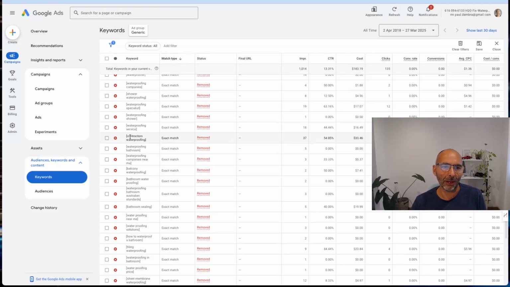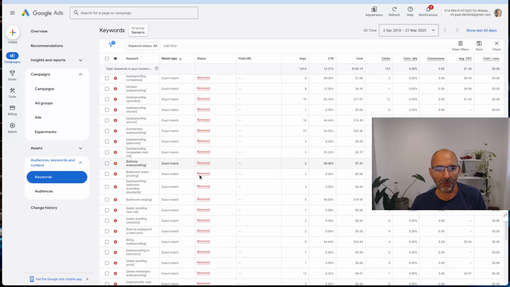And so the aim here is obviously to get a really high click rate. And you can see here, waterproofing contractors, we had a 50% click rate from the ad. So that's the combination of the wording I'd created and this phrase. So that's super high. It's like one in two people nearly were clicking on the ad. And that's what I'd set up.